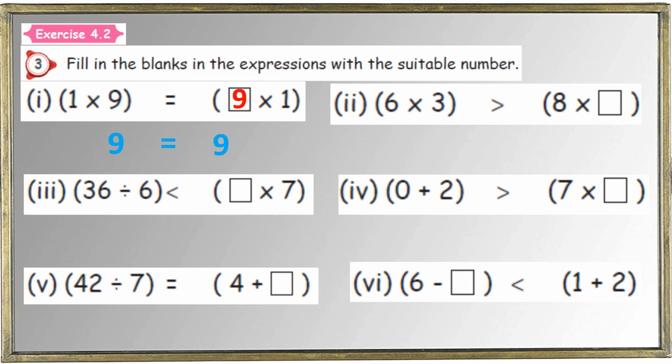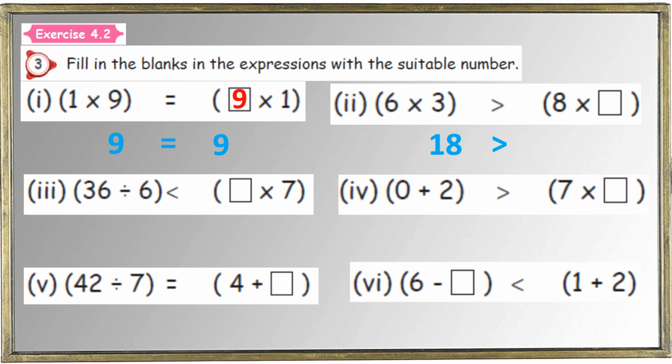Okay. Now come to the second sum. Left side, 6 threes are 18. Then put the greater than symbol. So now listen carefully. Right side we have to multiply with 8. So that number multiplied with 8 must be lower than 18, because 18 is greater than the right side number, isn't it?